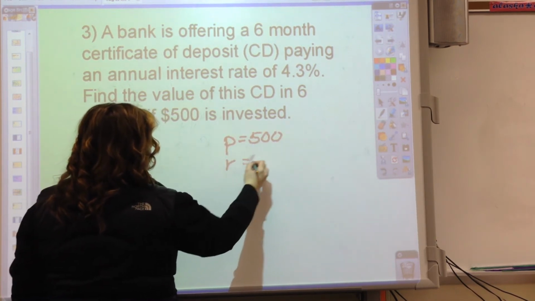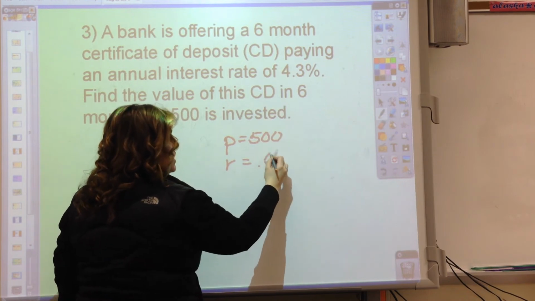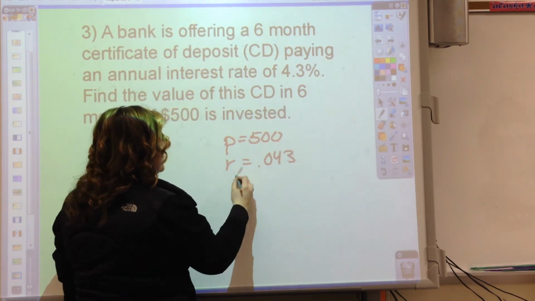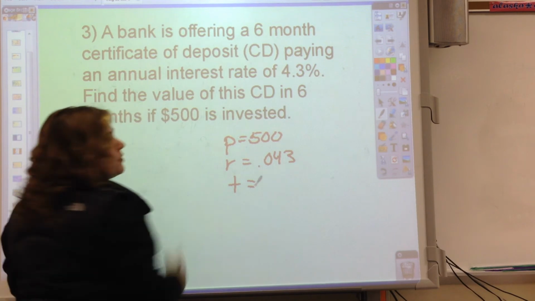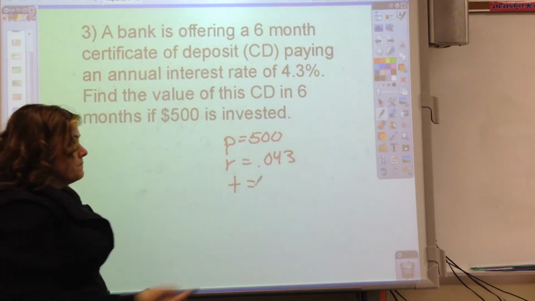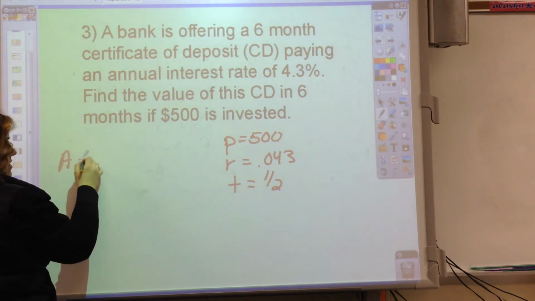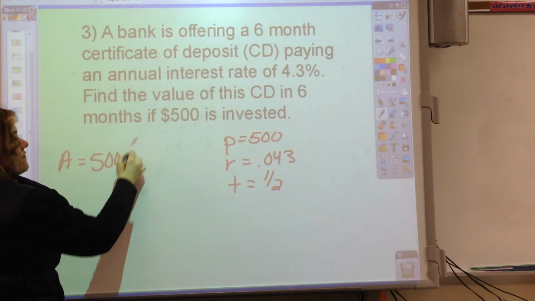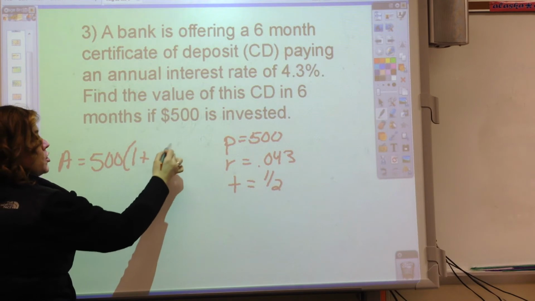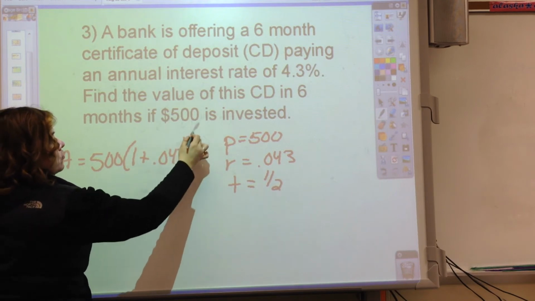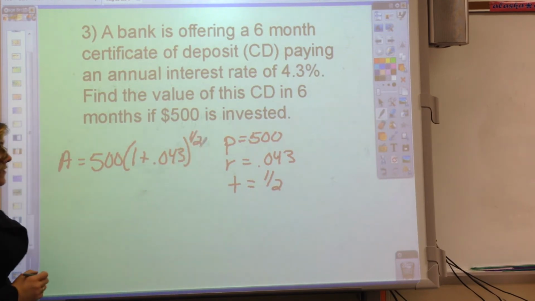I know my rate. I change it to a decimal, 0.043. And my time in years, how much would 6 months be in a year? Hopefully 1/2. And then I'm looking for A when I have 500 times 1 plus 0.043 raised to the power of 1/2.